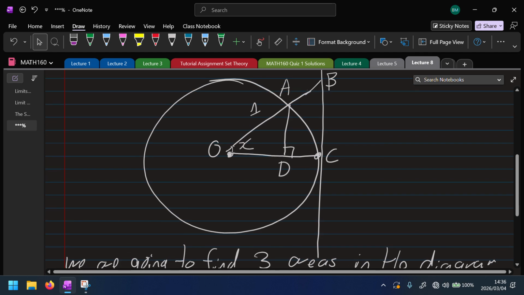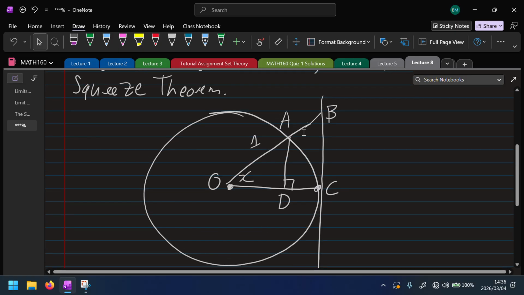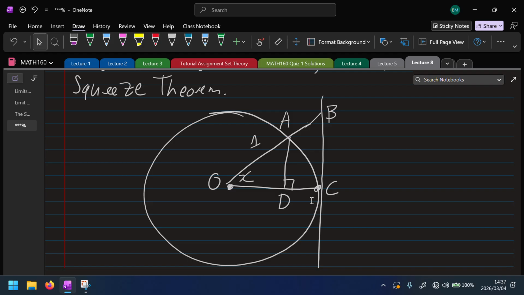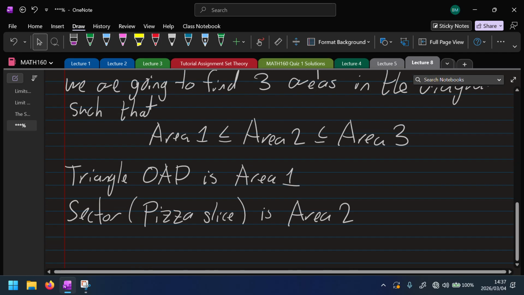And you can see it's slightly larger. So OAD is this triangle here. Okay, you can see that there. OAC, the pizza slice, includes this extra bit. So it's a little bit larger. And finally, the largest area will be OBC. That will be the triangle that goes out to the tangent. Okay, that triangle OBC, that will be the largest area, area 3.